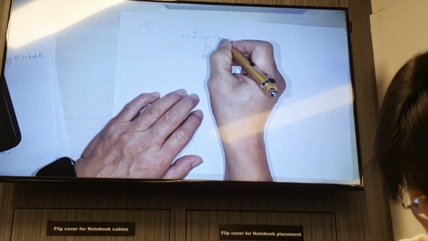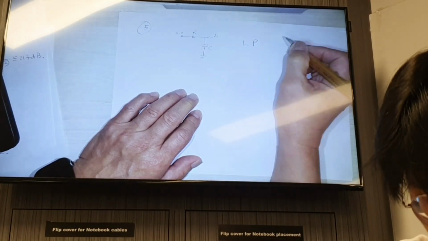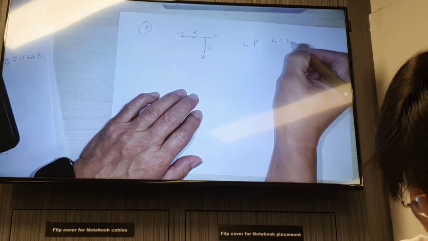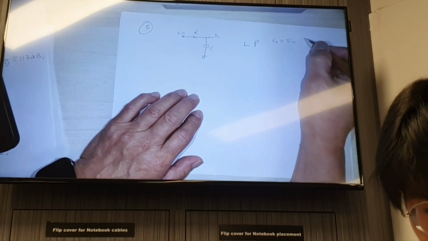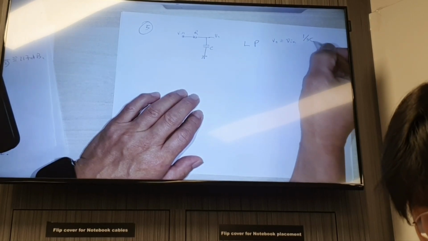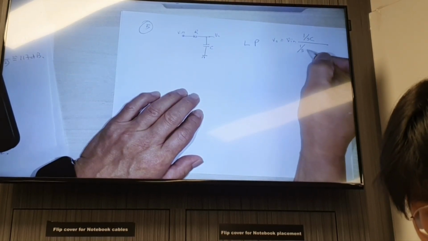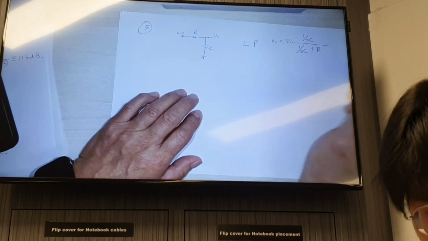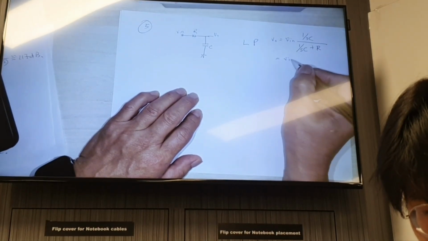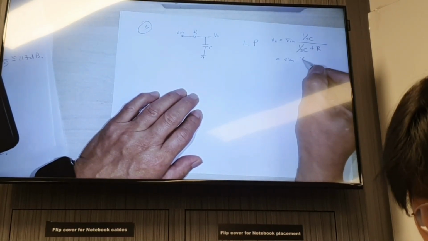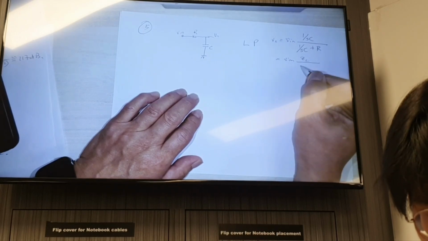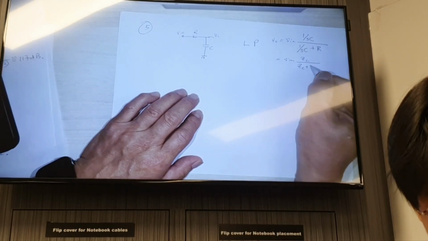V out is equal to V in divided by ZC plus ZR.